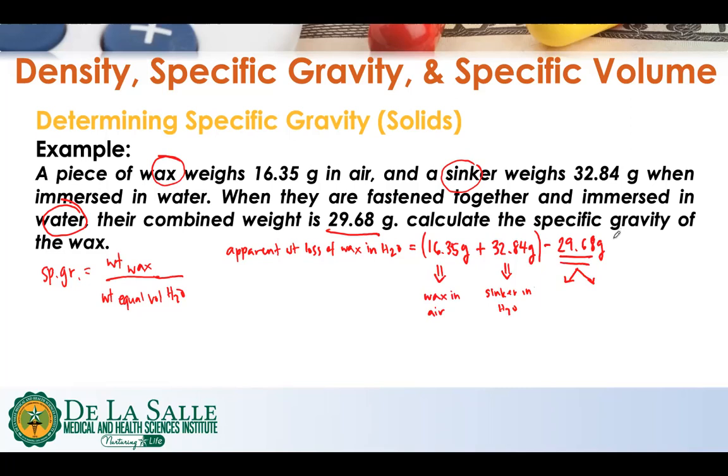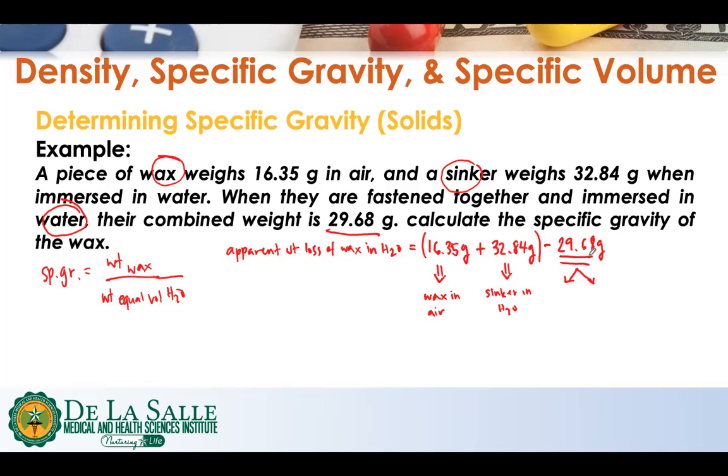Now, of course, we cannot directly determine the weight of wax in water because simply wax will float in water. And it will be erroneous to determine the weight that it displaces. So we put together with it a sinker which will pull down the wax and allow it to be immersed in water.